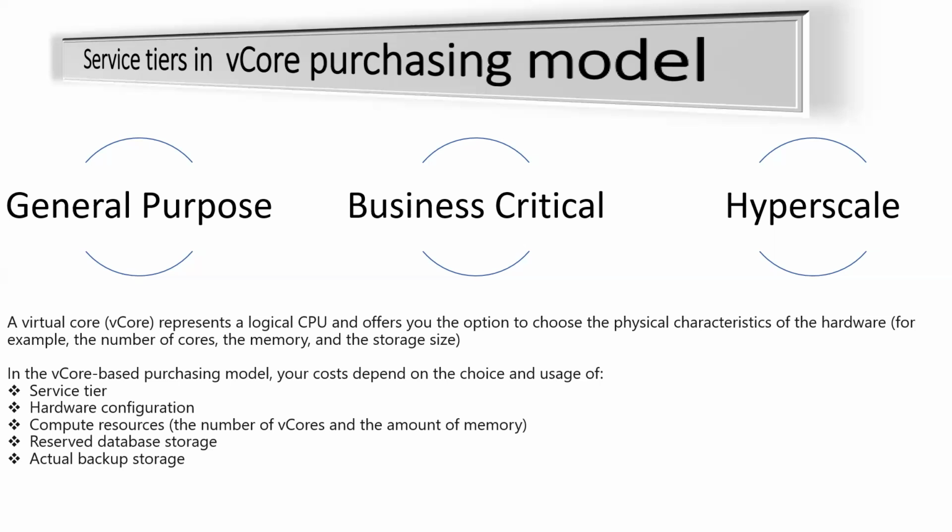But in the vCore model, the cost is based on the service tier. What is the service tier you are selecting, whether general purpose, business critical, or hyperscale? And what is the hardware configuration? We will see three types of hardware configurations in this vCore model. And what are the compute resources, that means how many vCores you are selecting, whether 5 vCores, 10 vCores, or 12 vCores. Then, if you are opting for any reserved storage option, that is a kind of discount option.